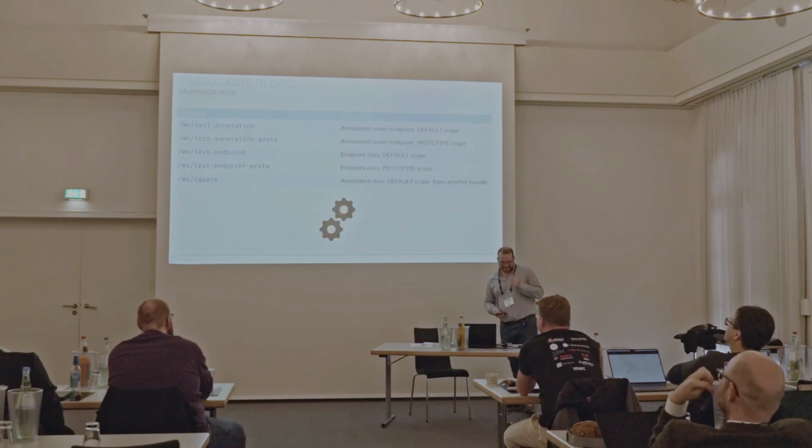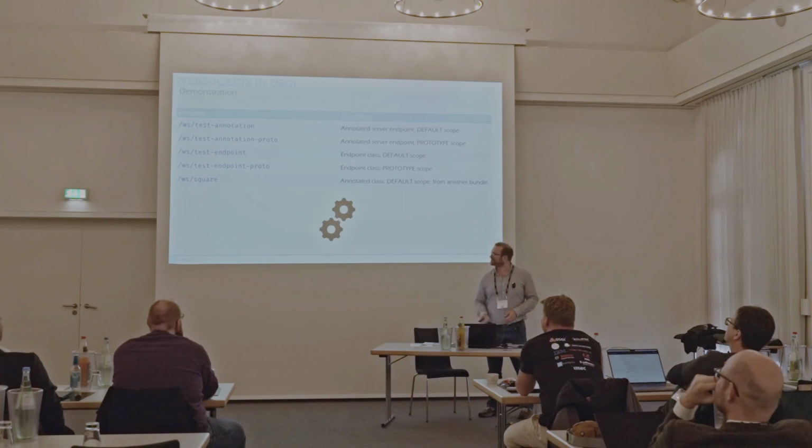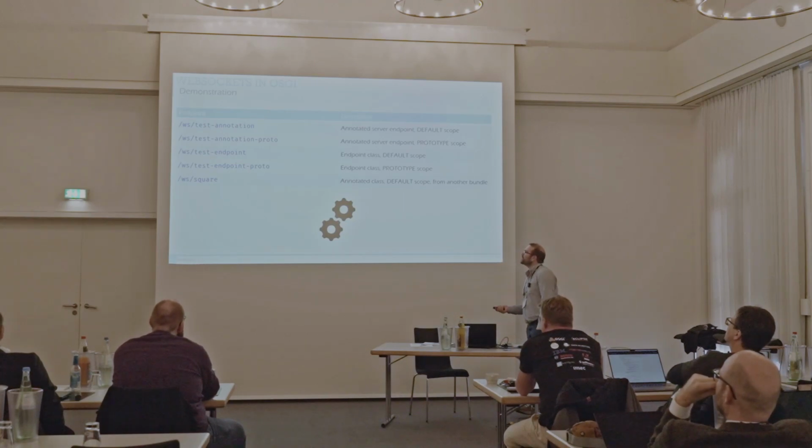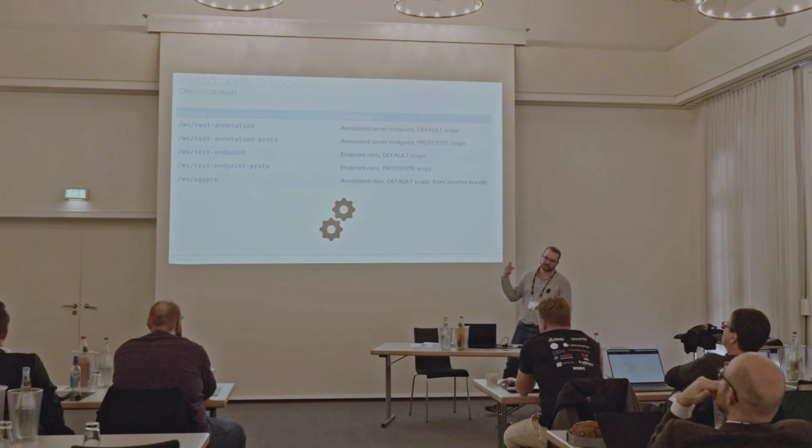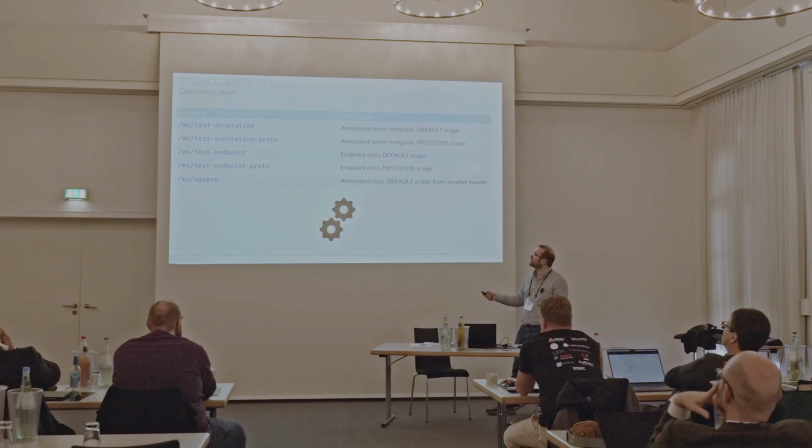So, I have a small demo. What we'll do here, we have 5 endpoints, test annotation and annotation proto. The difference between those two is that one is in scope singleton and the other is in scope prototype.